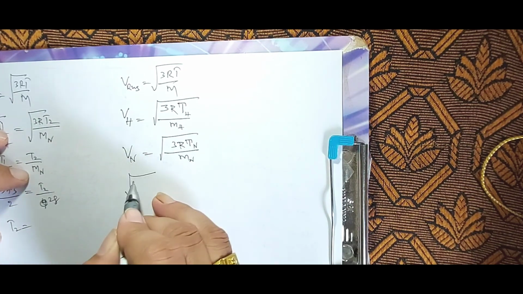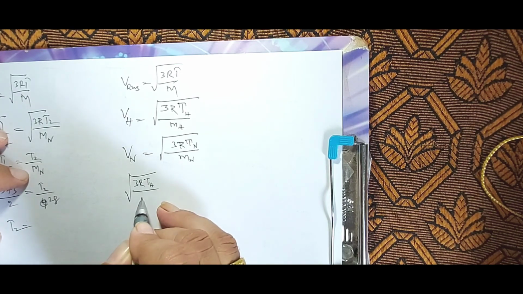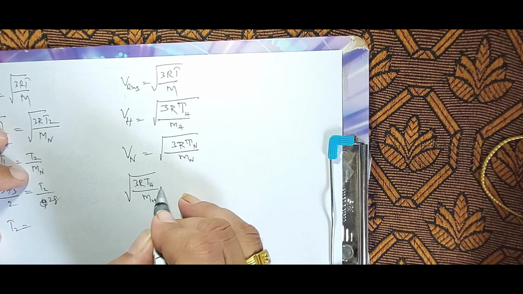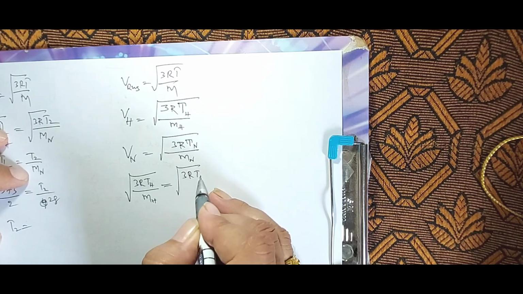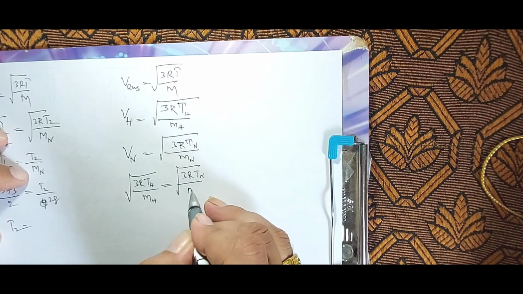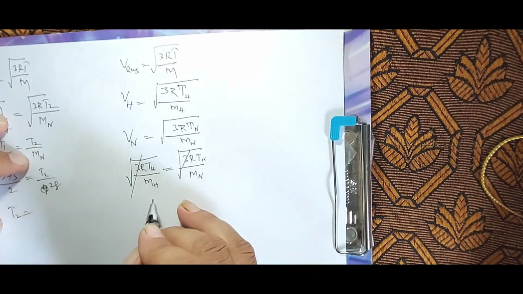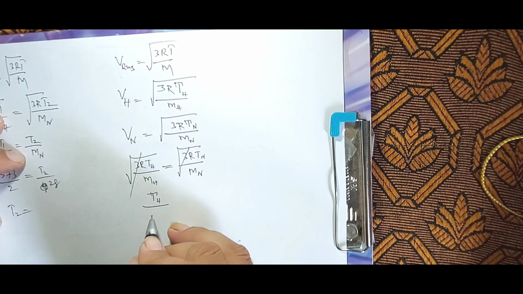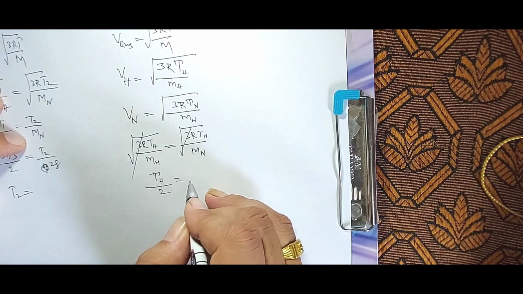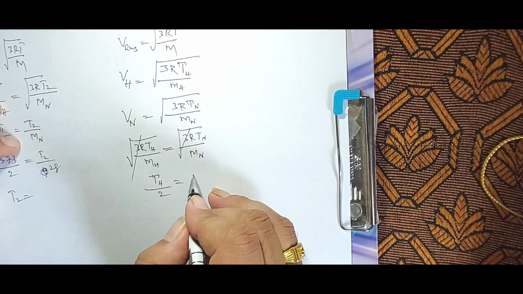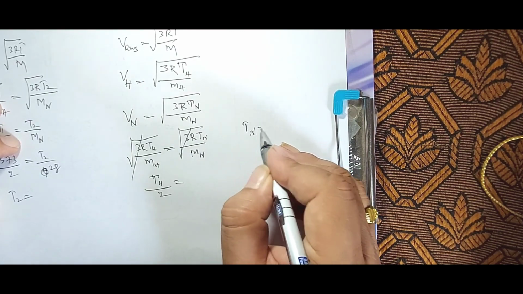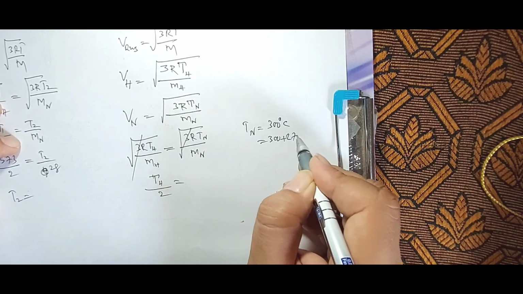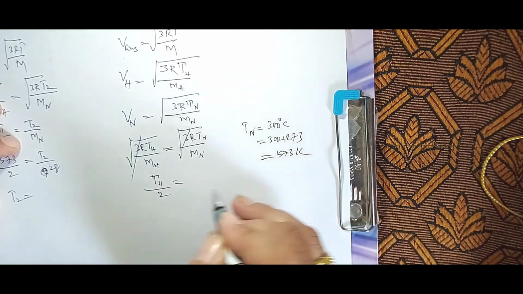So, here square root of 3RTH by mH is equal to square root of 3RTn by mn, the temperature of the nitrogen. 3R cancels, TH the temperature, that is what we are going to determine, mH molecular weight, that is 2, is equal to Tn, that is the given temperature of nitrogen, 300 degrees centigrade, 300 plus 273, that is equal to 573 Kelvin.